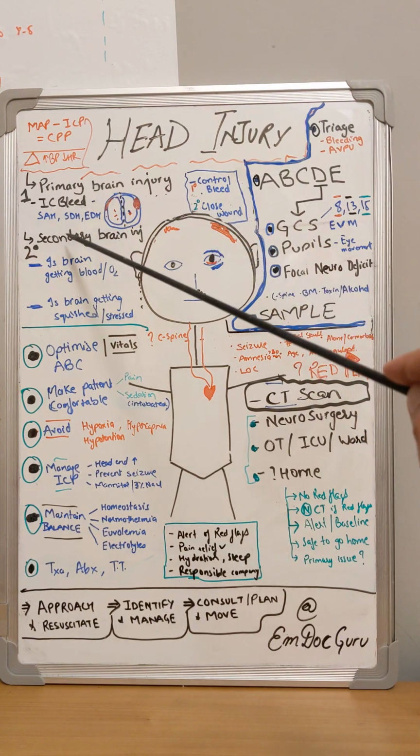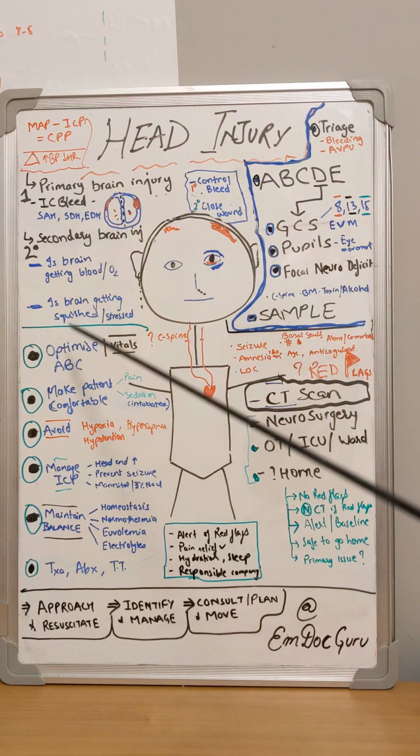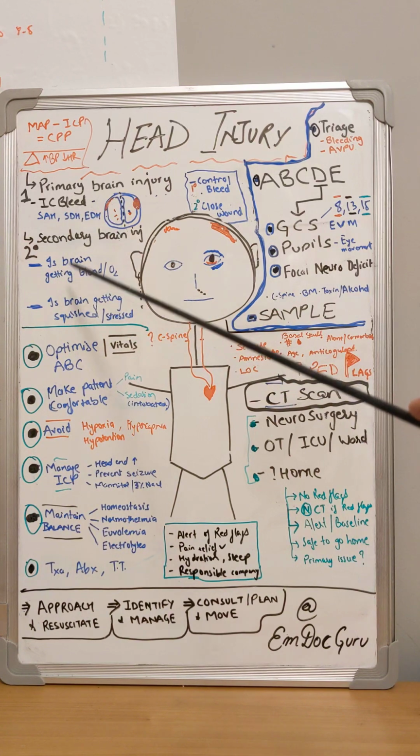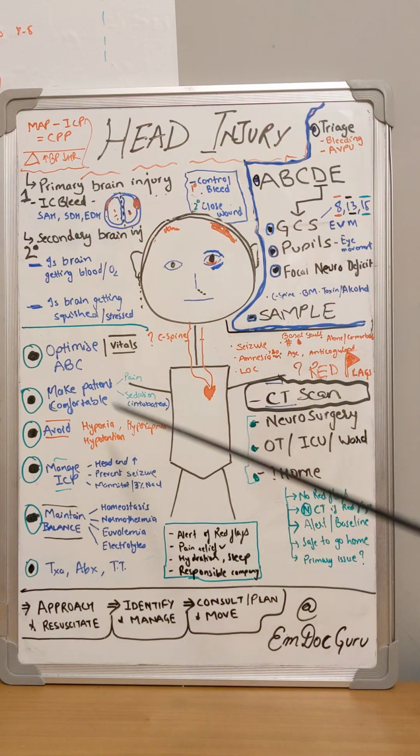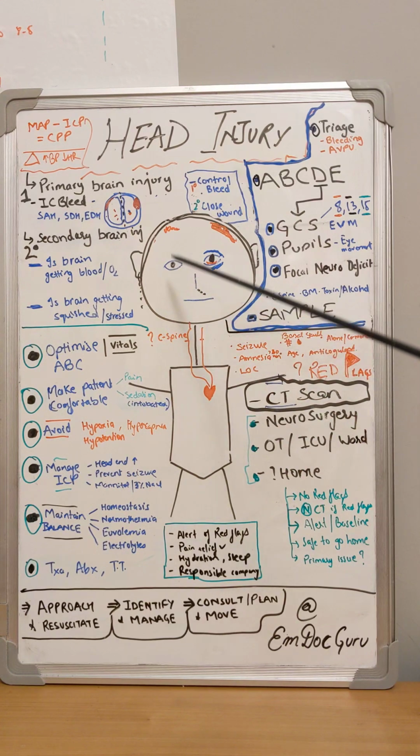And then identifying what is the injury, managing and preventing the secondary brain injuries by ensuring a good flow of blood and oxygen throughout, and ensuring that the patient is comfortable. So you do all of that, and then consult with neurosurgeons, decide where to move the patient, what would be the definitive plan, and counsel them appropriately when you have to send them home.